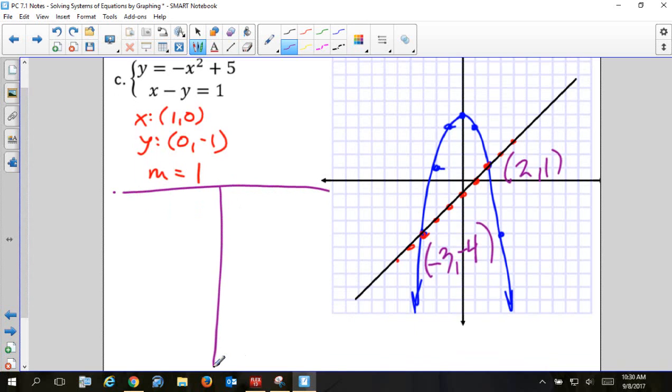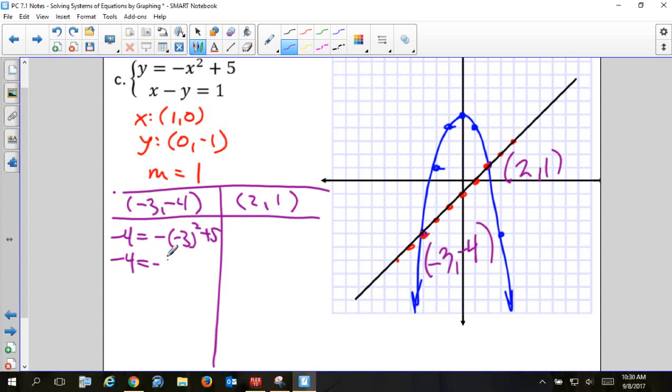Here's my checks. Yes, 4 checks. So I'm going to first check -3, -4, and then I'll second check 2, 1. There we go. So my first equation, -4 equals -3 squared plus 5. So -4 equals -9 plus 5. Yep, that works. And second one is -3 minus -4 equals 1.